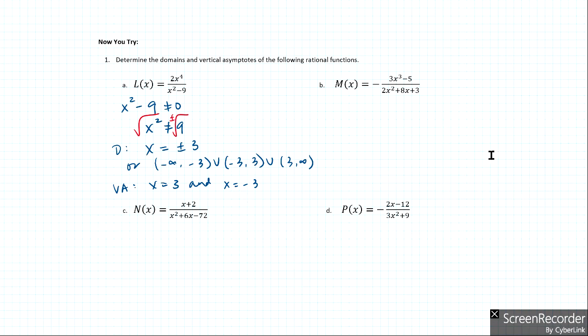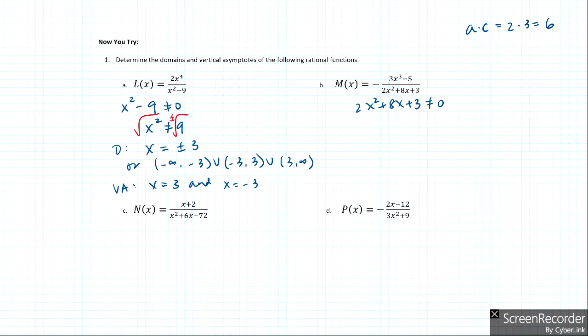Now moving on to part B, we want to look at the denominator. Again, we want 2x squared plus 8x plus 3 to be not equal to 0. And for this process, we'll have to try the AC method for factoring over here. And if we do the a times c, we get 2 times 3, which is equal to 6.